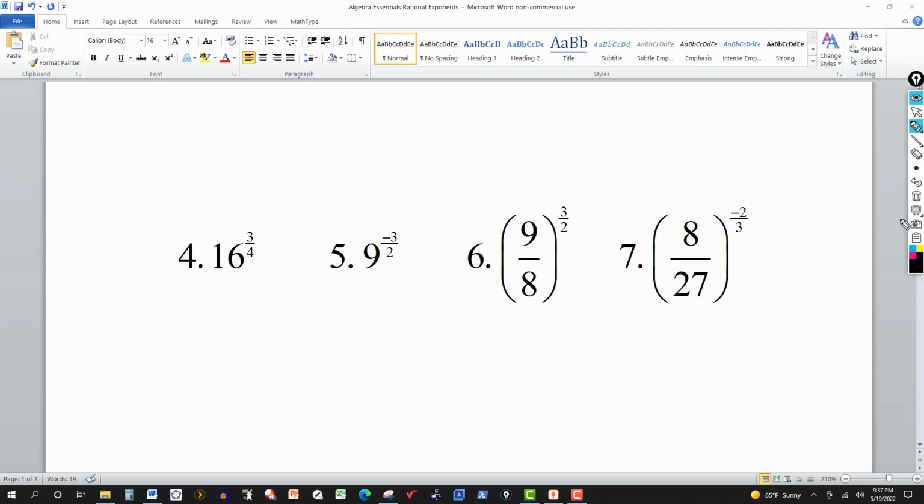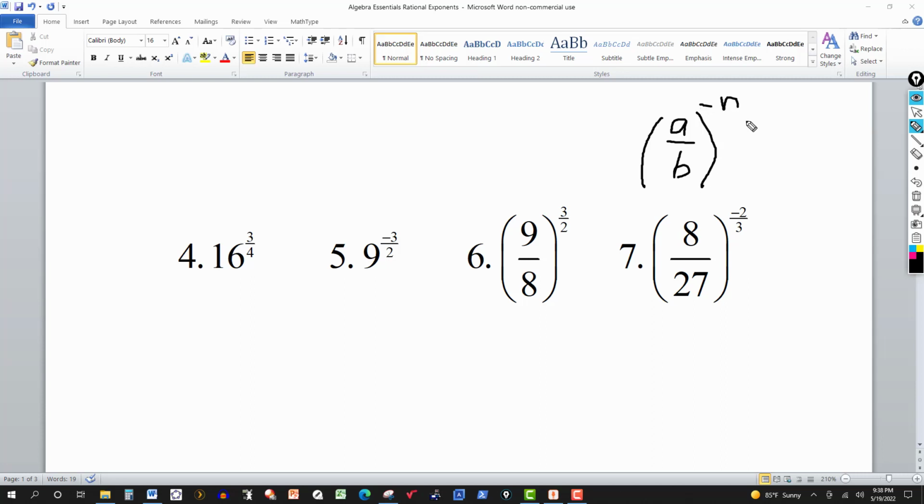Okay, and then for the last one, we have 8 over 27 to the negative 2/3 power. You can play around with the formula for a negative exponent.